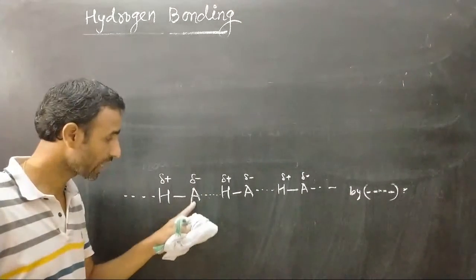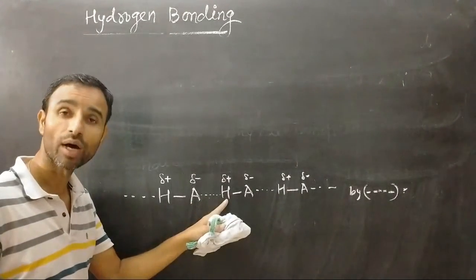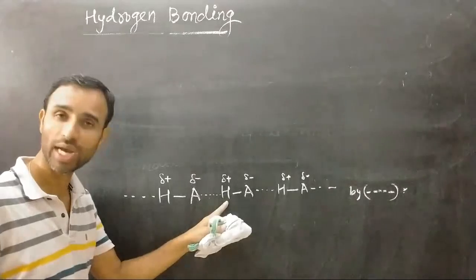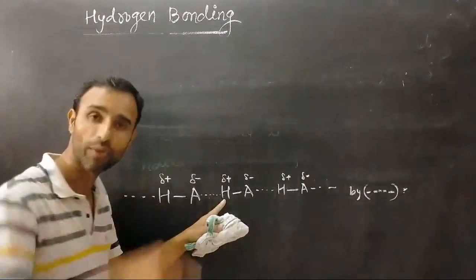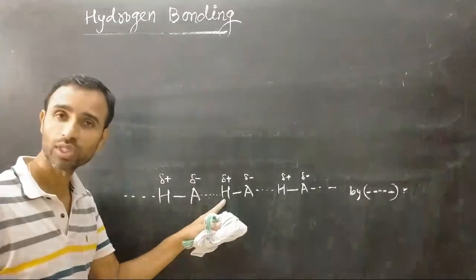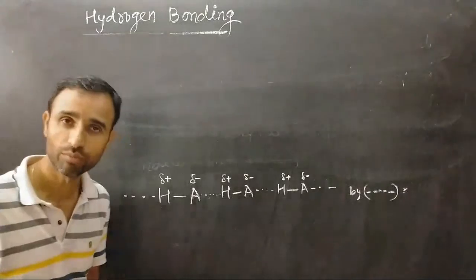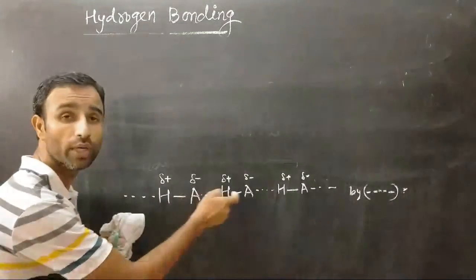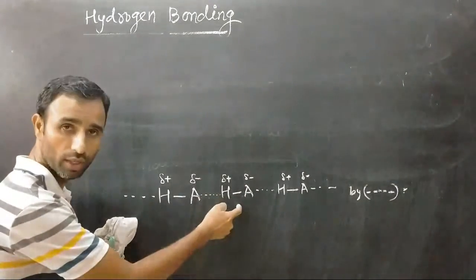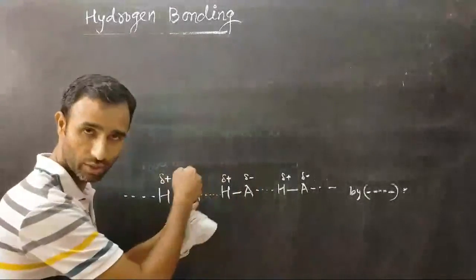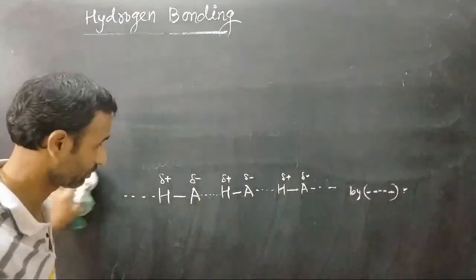When this partially negatively charged atom attracts the partially positively charged hydrogen of another molecule or another group in the same molecule, that type of bonding is called hydrogen bonding. This is one type of dipole-dipole attraction. This is a dipole, this is also a dipole. So these dipoles attract each other, but it is a special type of dipole-dipole attraction.